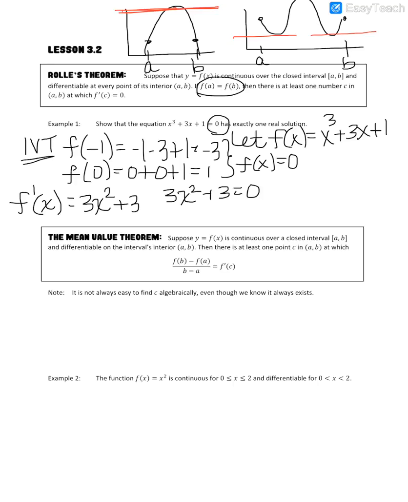When I set this equal to 0, let me factor out a 3. I want you to look at this here. This is supposed to be equal to 0. Since x is being squared, there is no value I could put in that would give me a -1 for this to be equal to 0. So there are no real zeros here.